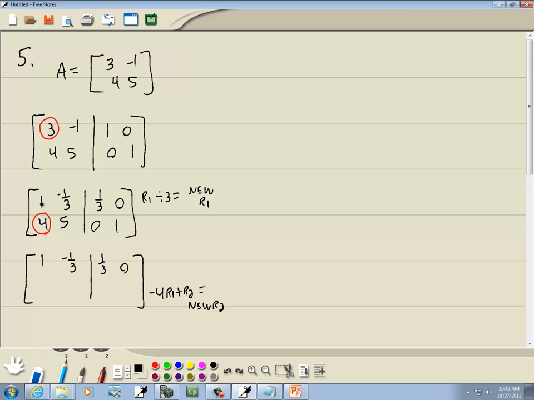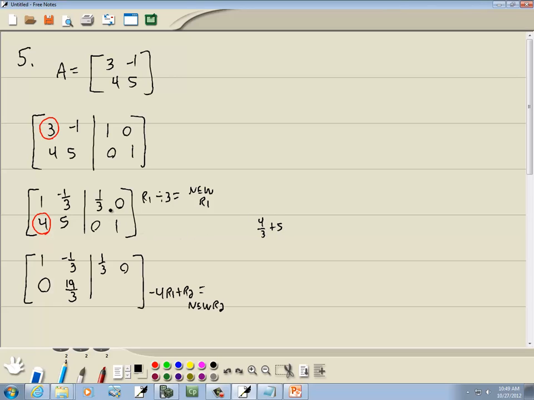Negative 4 times 1 is negative 4 plus 4 is 0. Negative 4 times negative 1/3 is 4/3 plus 5 gives us 19/3.